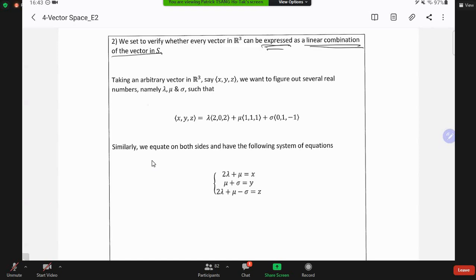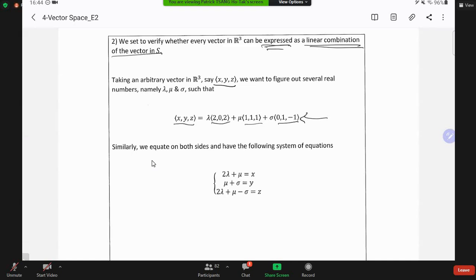I simply assume there is a vector (x, y, z). It can represent any point in R3 space, to ensure generality. Now I would like to check whether I can rewrite the vector (x, y, z) in terms of the three vectors mentioned in the initial setting of capital S.